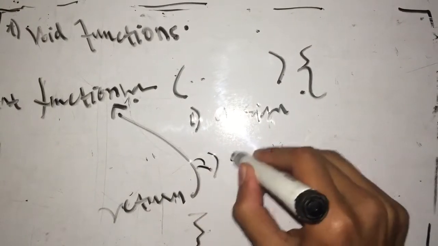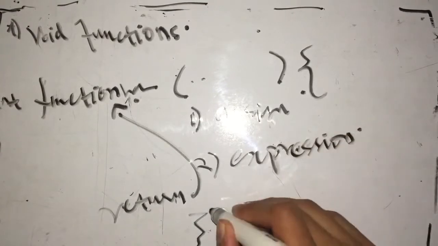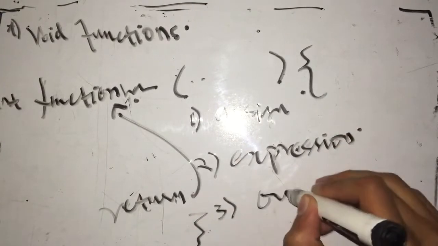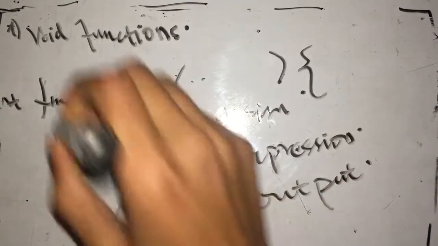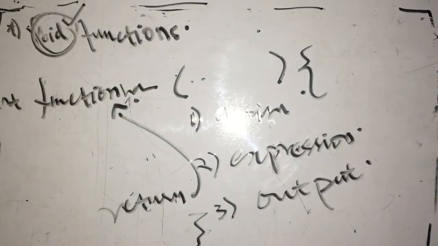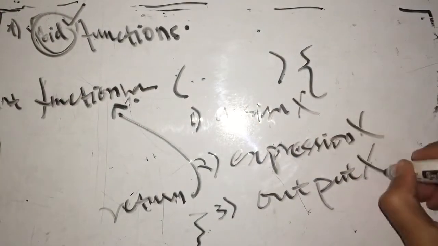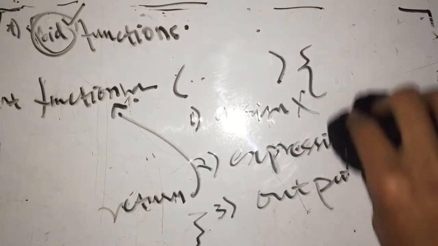You can use it as a standalone expression, or you can use it in a cout output statement. But since void functions do not return a value, you cannot do any of these. They do not have any of these properties because they're not returning a certain value.